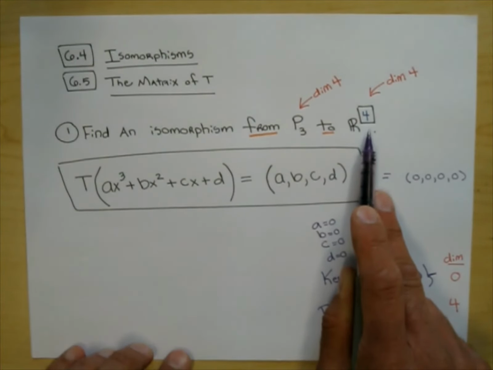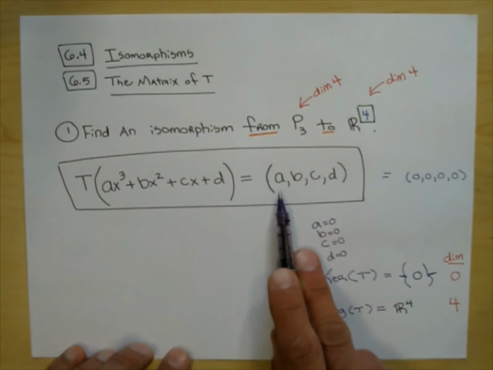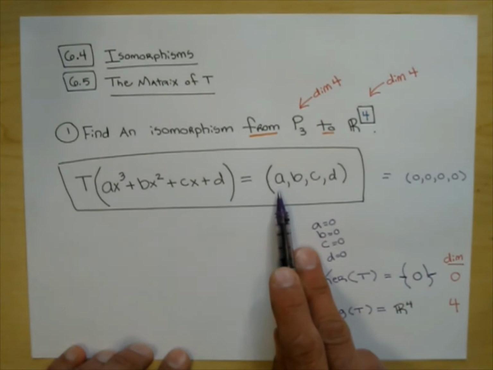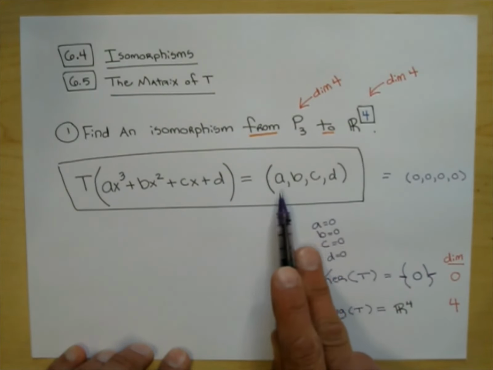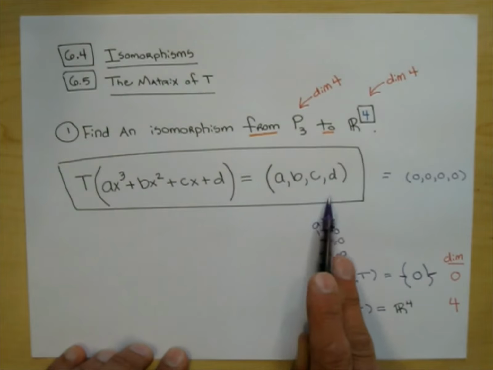Now, if you were super silly, you could have gone, the first coordinate is A plus B plus C plus D. The second coordinate is 2A minus 7B plus 8C minus D, and etc. So you could have made this linear transformation really complicated.